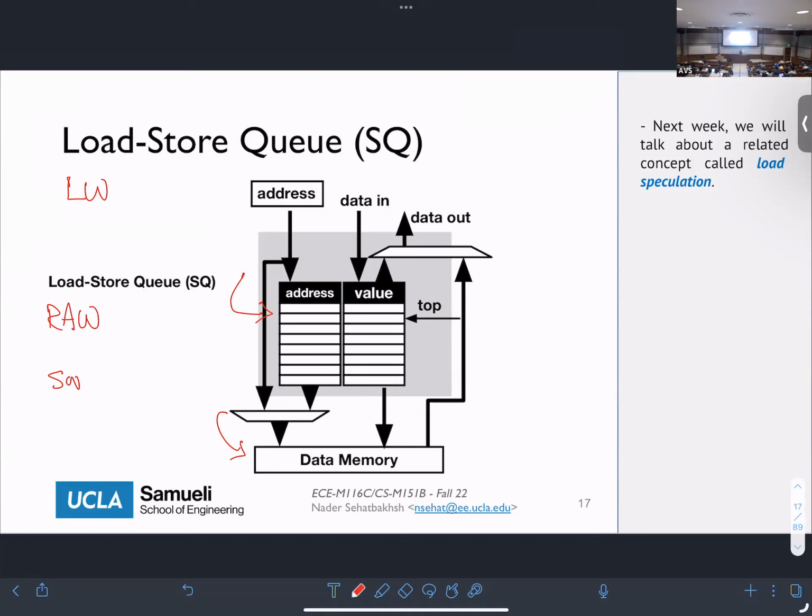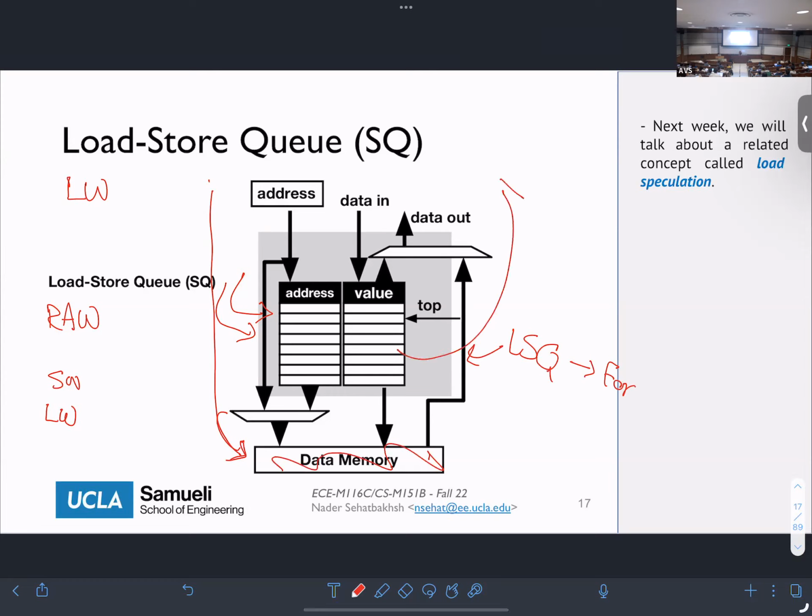Then we're going to have a load, and instead of originally going to the memory and trying to read the old value, the load will go into my store queue and search through it to see whether there is a match between the address of the load and any of the entries in my load store queue. If there is a match, then this load store queue acts as a forwarding unit for us. So it's not reading from here, it's actually reading from here.